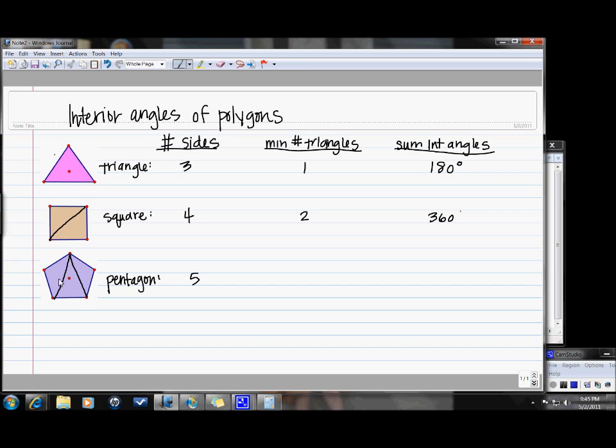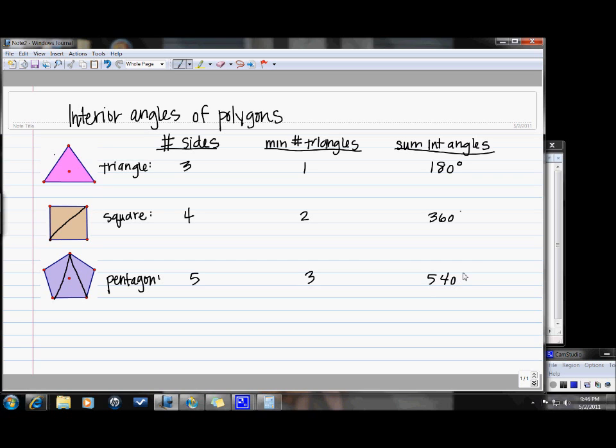We couldn't do it with just one line. We had to make 2 lines to separate it into 3 triangles. And if you want, you can try and see if you can separate it into 2 or 1, but I believe that the minimum is 3. So 3 triangles is the minimum we can separate a pentagon into. So 3 times 180, because we know that each triangle has 180 degrees. 3 times 180 is 540 degrees.